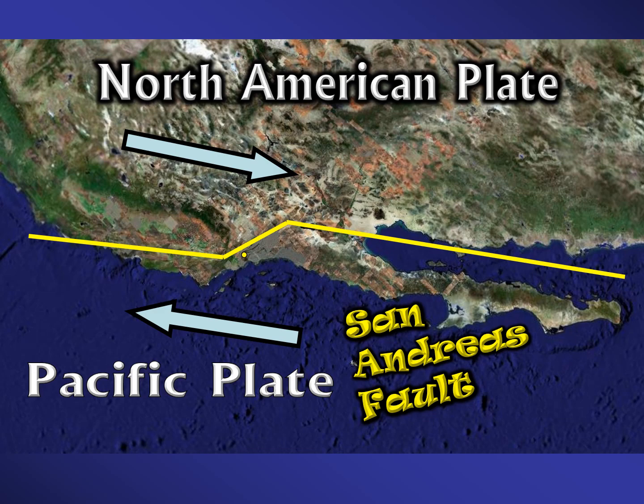And notice that all of Baja California and all of coastal California, at least up to San Francisco, up to Daly City, is on the Pacific plate. So isn't it interesting that here in California, we are actually on the Pacific plate, in this part of California.